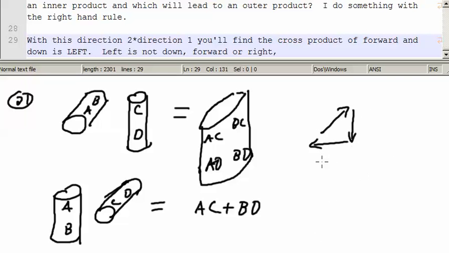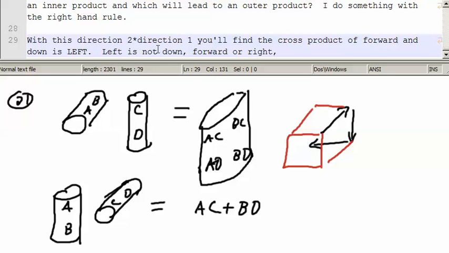It came out awkward, so I'll draw a little bit more structure in there so you can see what I was thinking with those arrows. Alright, so forward then down, the cross product of those two is to the left.